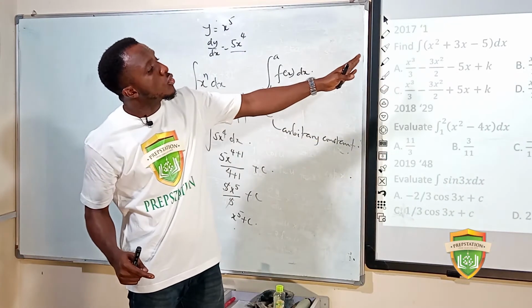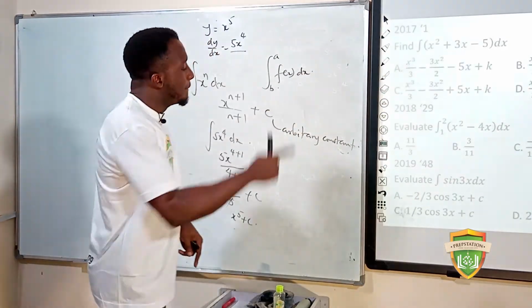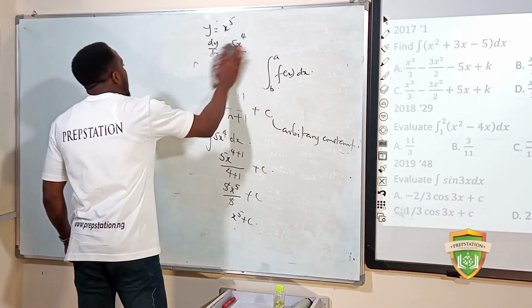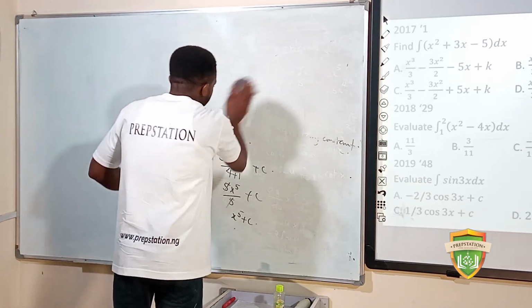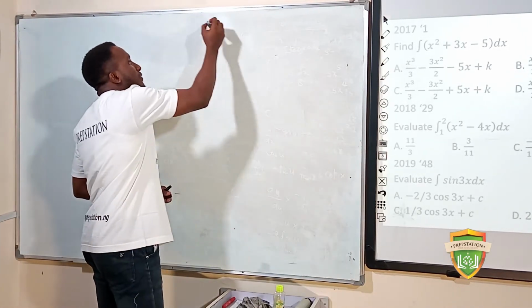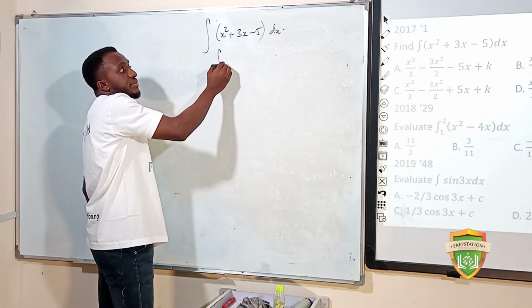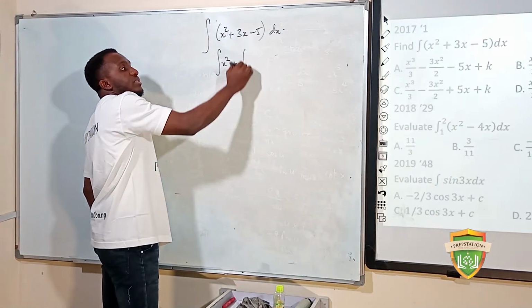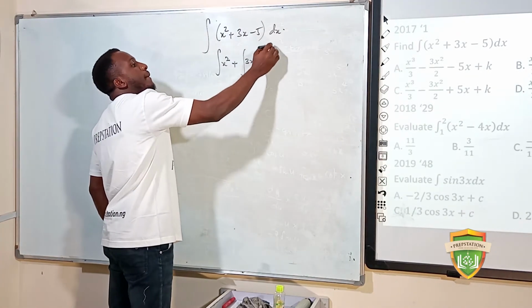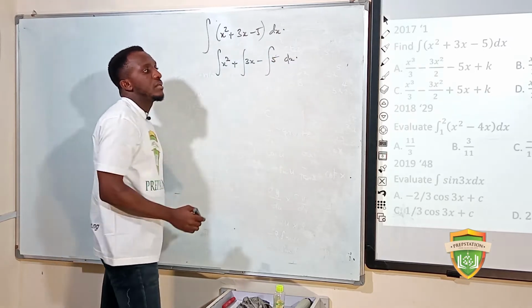In this case, we are also going to integrate each one of those components that make up the polynomial function. So we have the polynomial function up here. Pay rapt attention, you'll understand. Okay, so we have this, the integral of x squared plus 3x minus 5 dx. Now this is more like saying integrate x squared plus integrate 3x minus integrate 5, and everything should be dx.